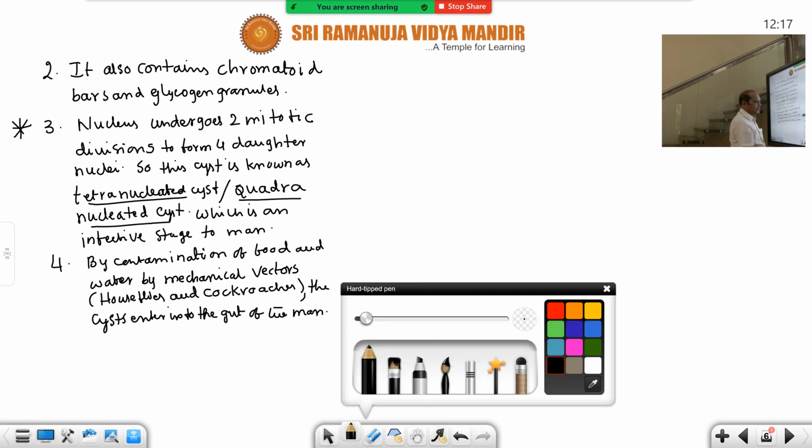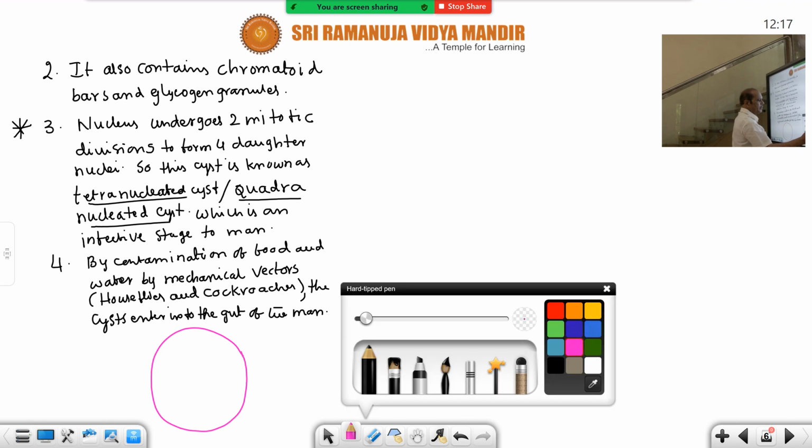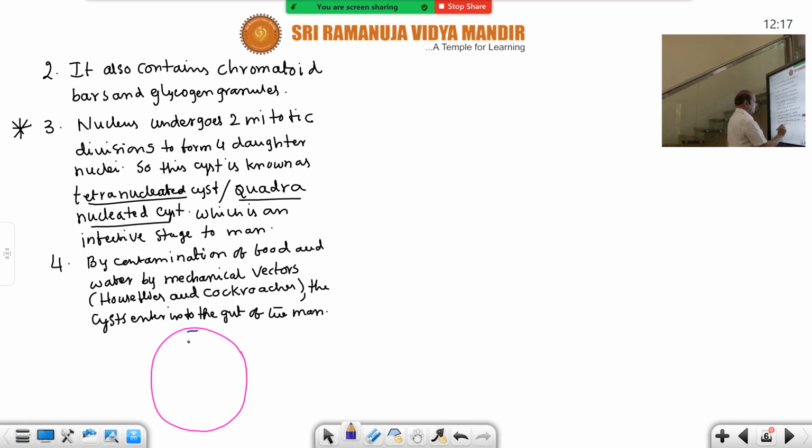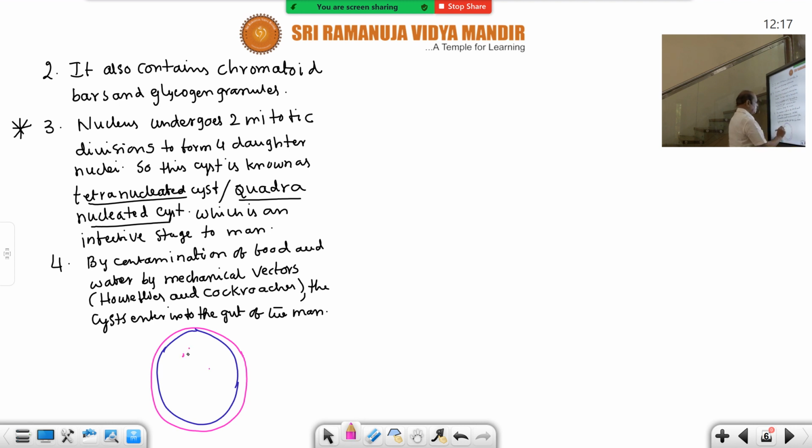Now let us take this tetranucleated cyst. This is the cyst wall, and now the actual Entamoeba histolytica is this one, and then the nucleus is divided into 4 daughter nuclei.